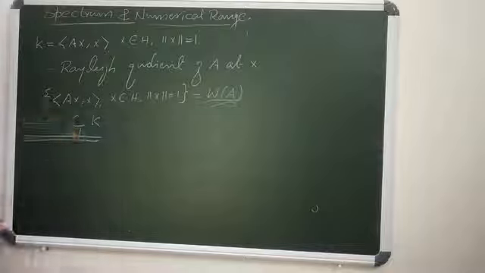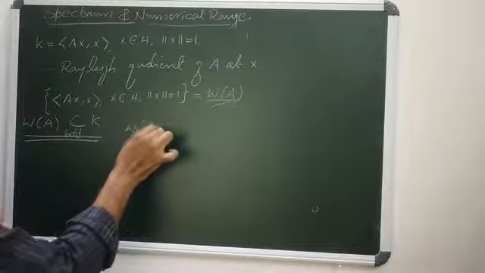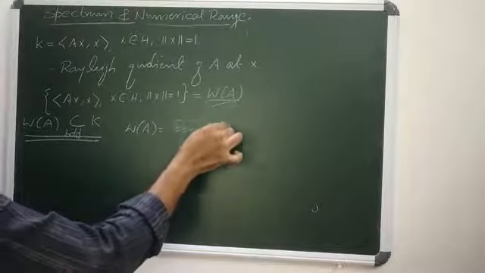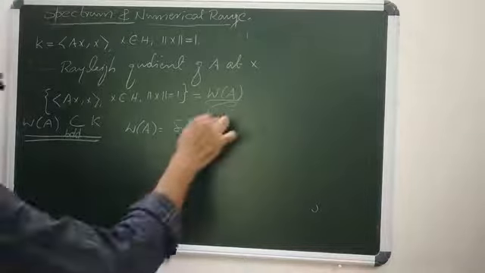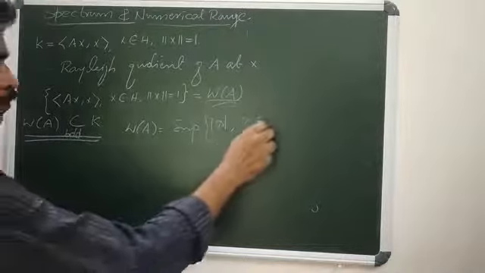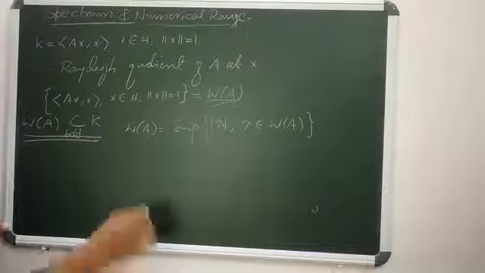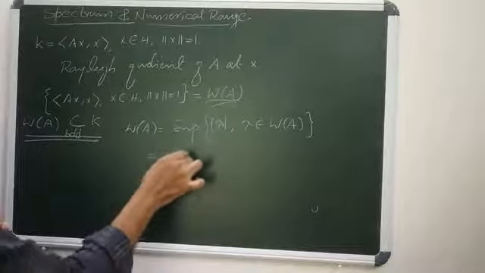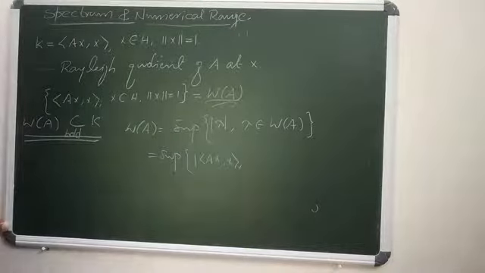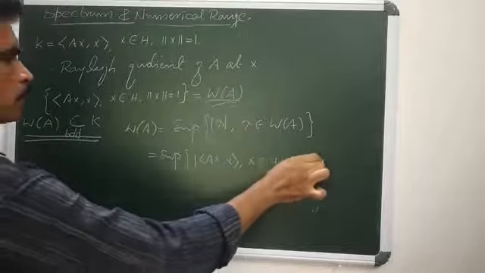How to prove this one? What is actually this w(A)? w(A) equals the supremum of modulus lambda where lambda is in W(A), which equals the supremum of the set of all modulus of inner product Ax, x with x in H such that norm x equals 1.